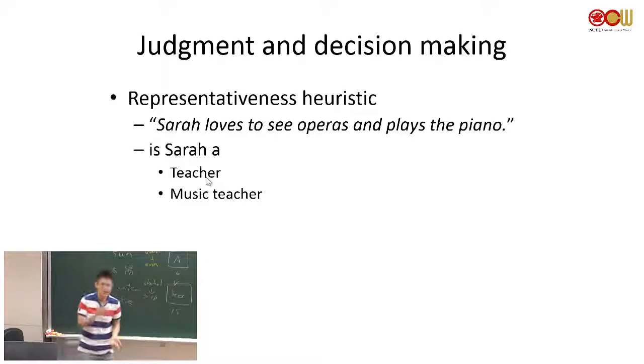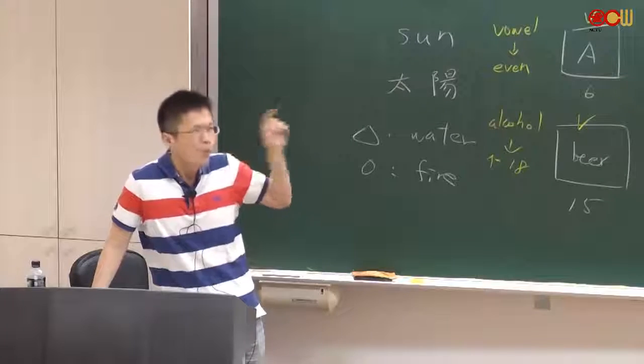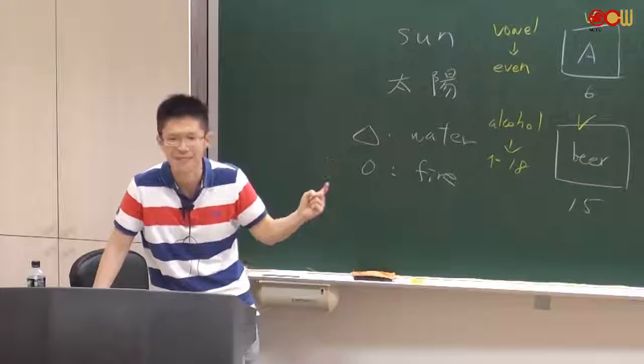But apparently, we are not using probability to make a decision. We are using something else. What is that something else? That something else is the representativeness heuristic. And what is the representativeness heuristic? Okay, it's more like a stereotype heuristic.